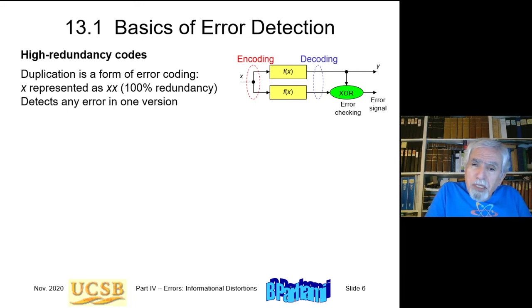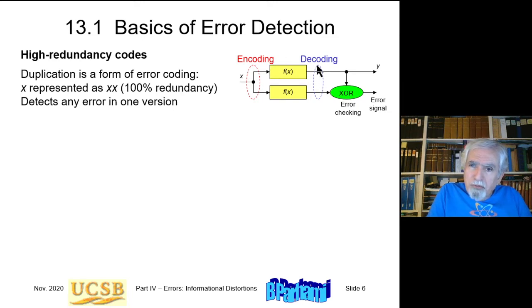So with this duplication, the encoding process, we have a code where a word X is represented as XX, two copies of X. Okay, these are the two copies. Encoding is basically a simple fan-out, doesn't involve any computation. And decoding is also simple. If you do use the output, that output always comes from this module.